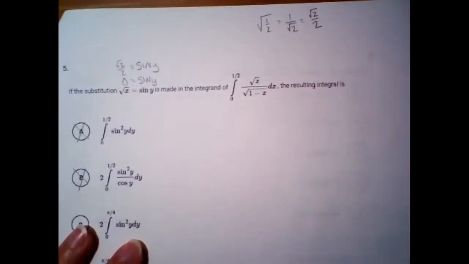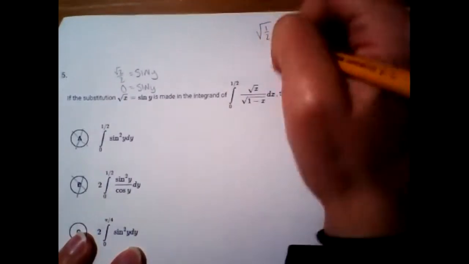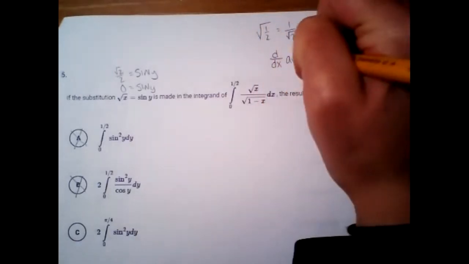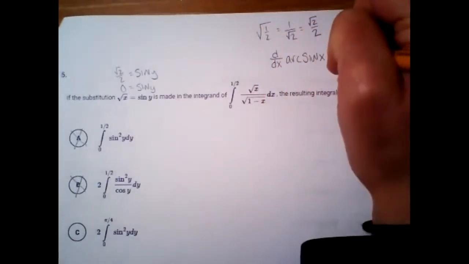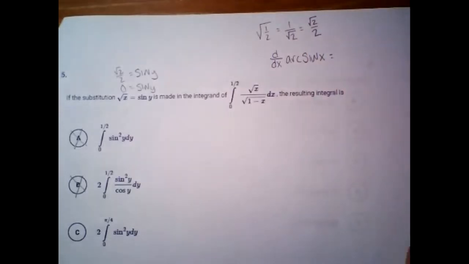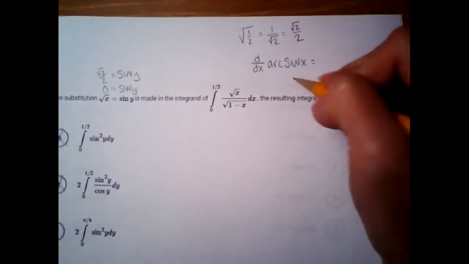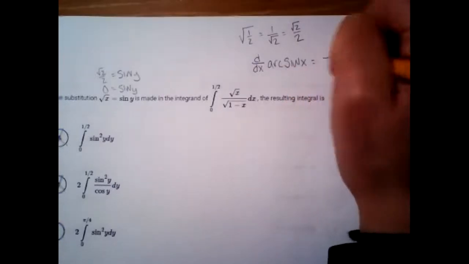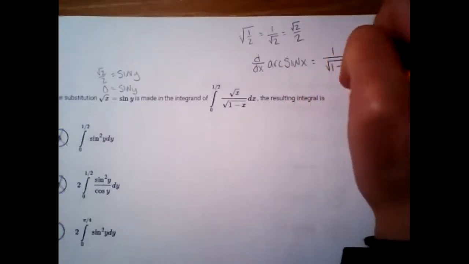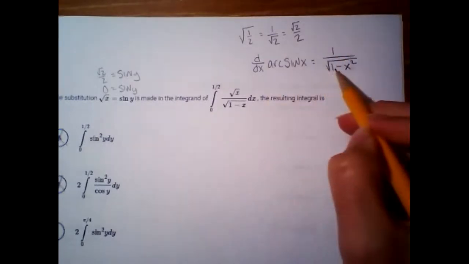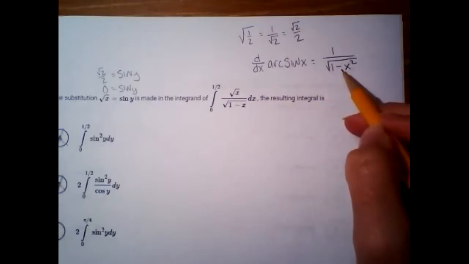Just to bring up before we get there, we're gonna need the derivative of arc sine in here. And I have taught it to you. I told you to make flashcards. It's one of these random things that you have to know, and it's coming up in this problem. So your derivative of arc sine is 1 over square root of 1 minus x squared. So that is going to come up in this problem, so I'm just letting you know ahead of time.